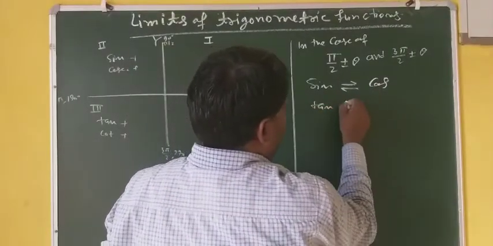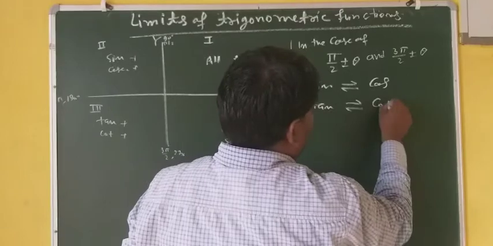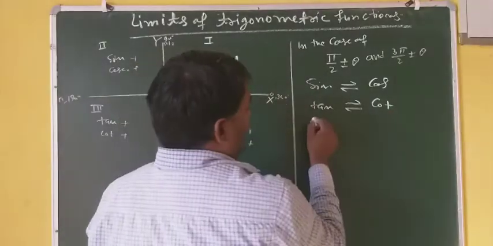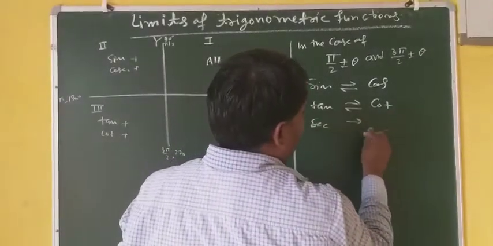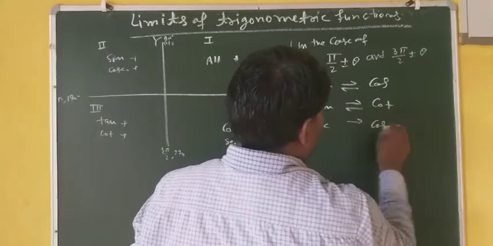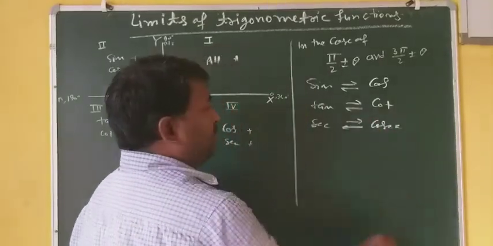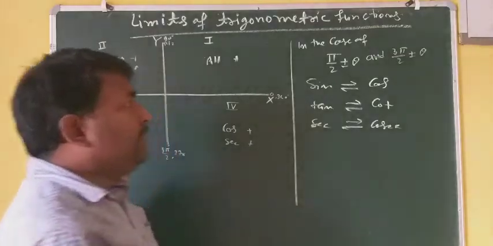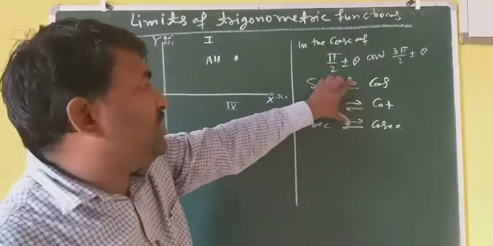Tan will change into cot and cot will change into tan. Sec changes into cosec and cosec changes into sec. Only in these situations do they change to each other.